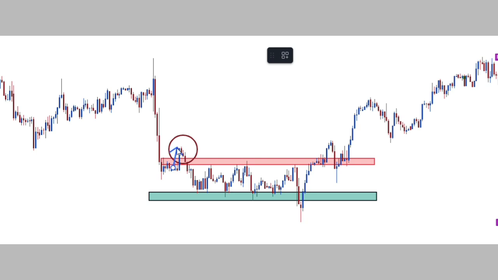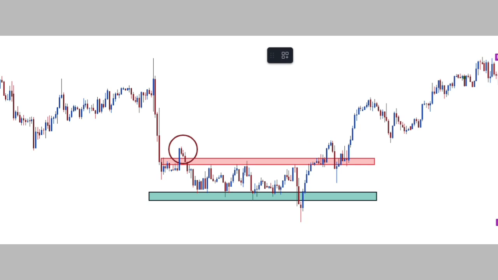You see this bullish candle. This is a manipulation, a fake out, to induce people to buy. So some people jumped in here for buys.